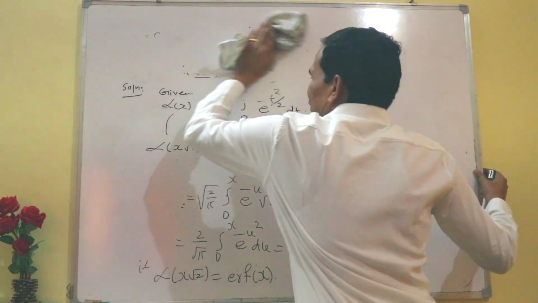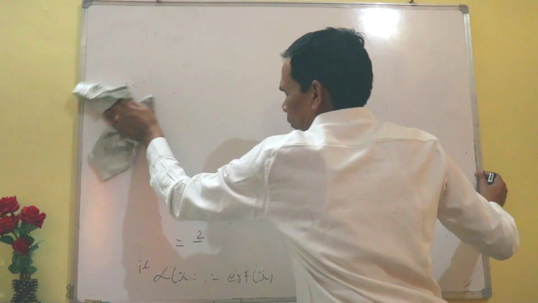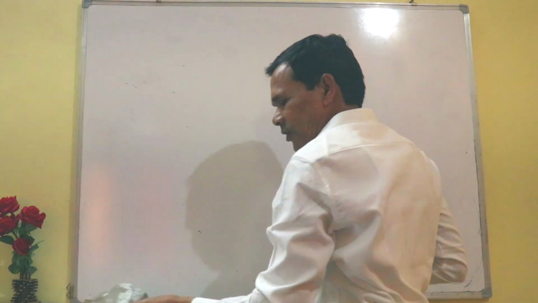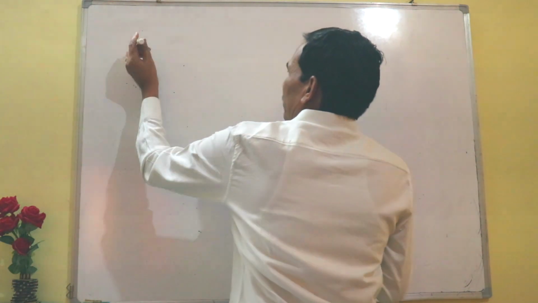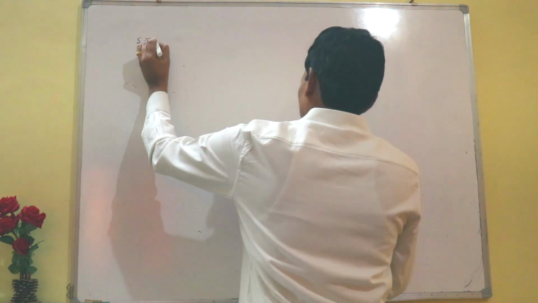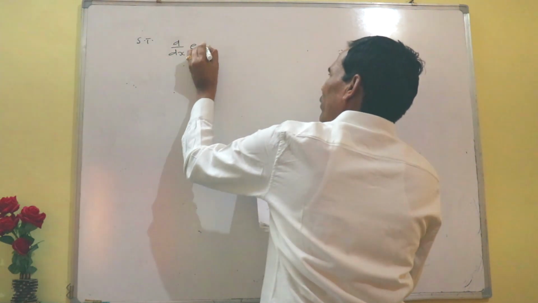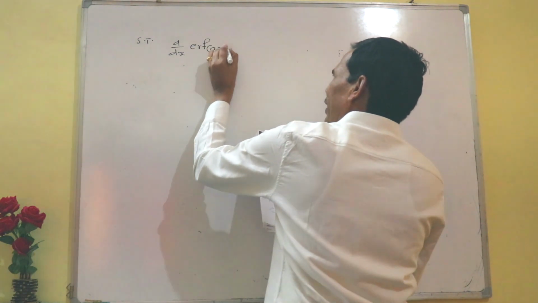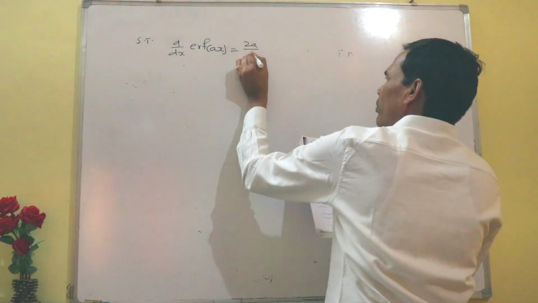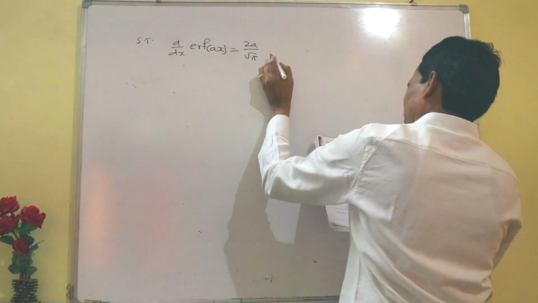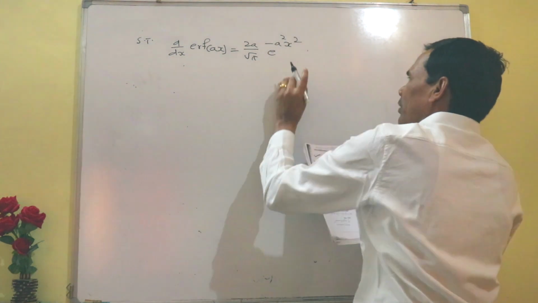So we go for the next example on this error function. Next example on error function, show that d by dx of error function of ax is equal to 2a upon root pi e raised to minus a square x square.